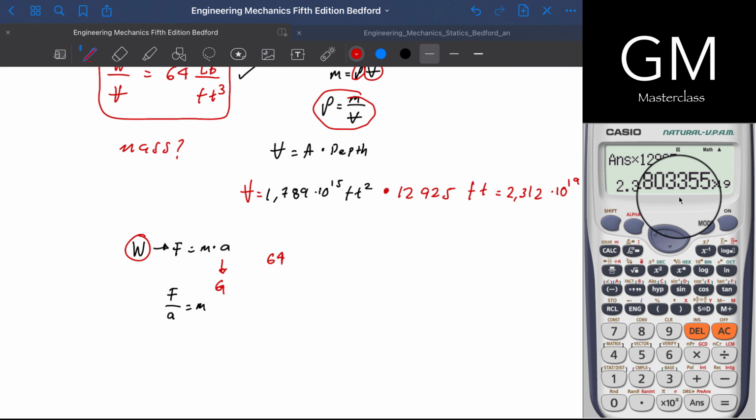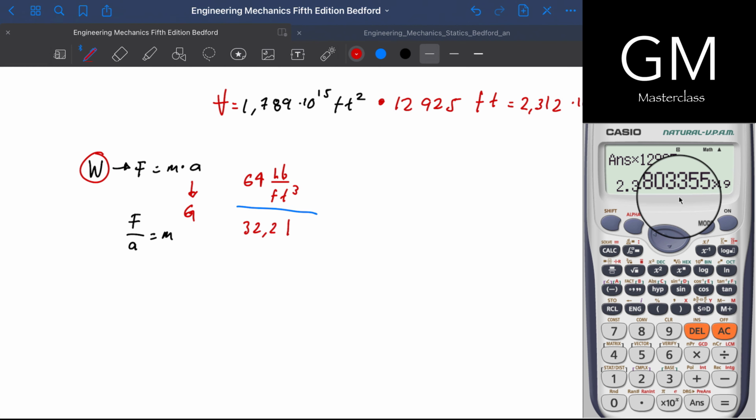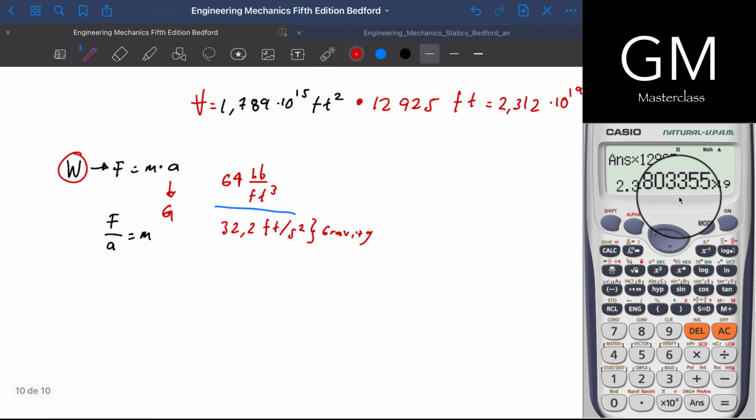If I divide the force by the acceleration, I'll have the mass, right?